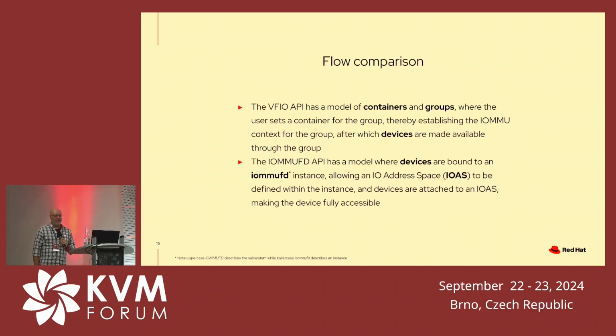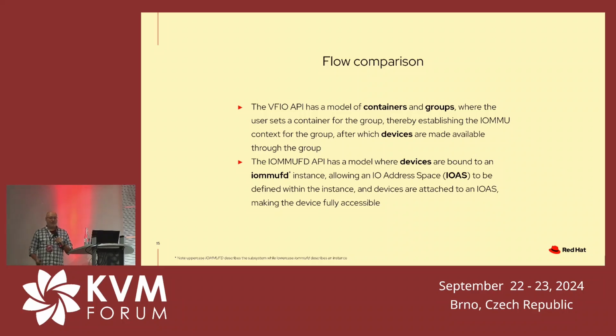So just looking at the flow comparison between the two, in the VFIO API, as I showed earlier, you start with a container and a group, and you set the container for a group, which establishes the IOMMU context for the group, the protection domain essentially, and then you have access to the device. In the IOMMUFD API, we kind of turn that around. You start with a device and an IOMMUFD, which is an instance of opening the IOMMUFD file.